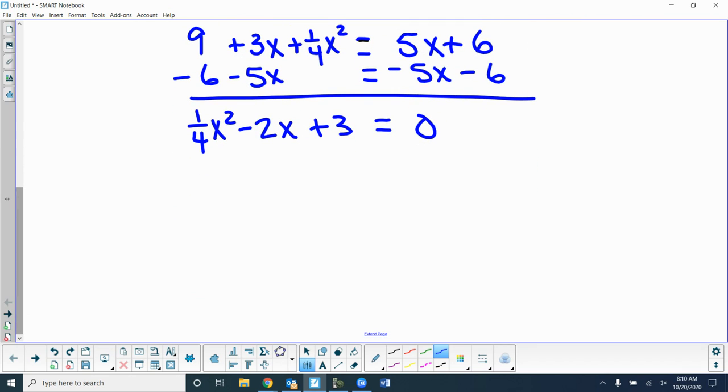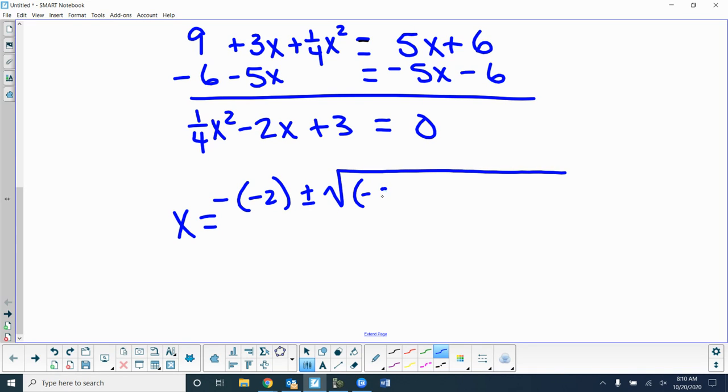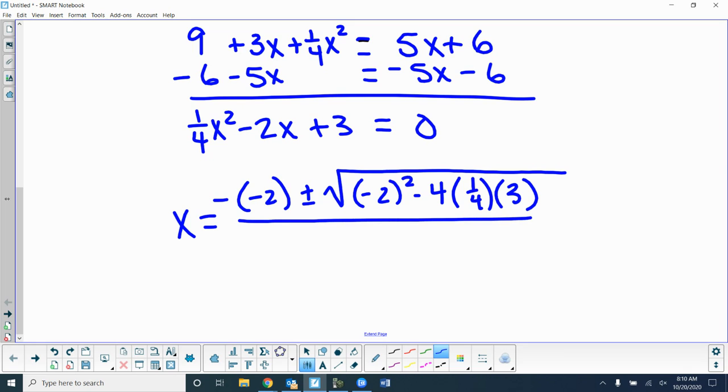So I'm going to use the quadratic formula since I got that 1/4 there for A. All right, so x equals negative b plus or minus the square root of b squared minus 4 times a times c, over 2 times a.